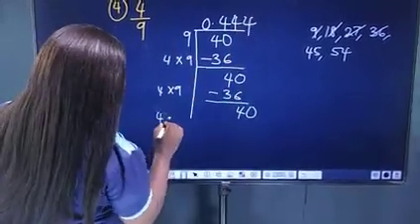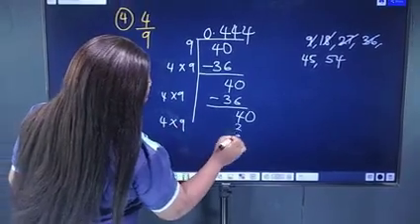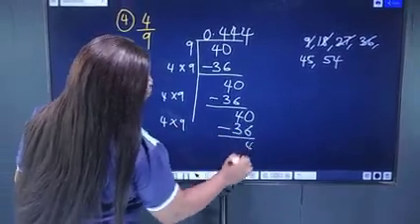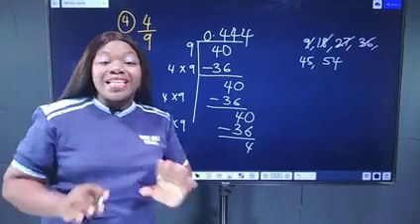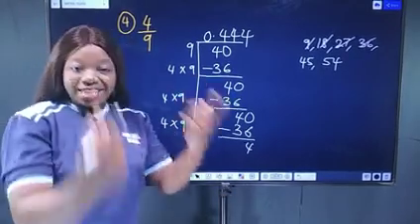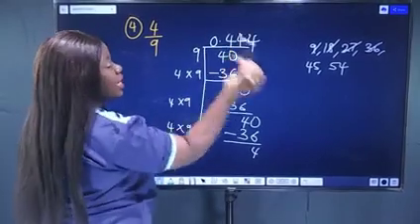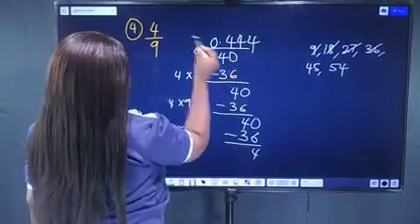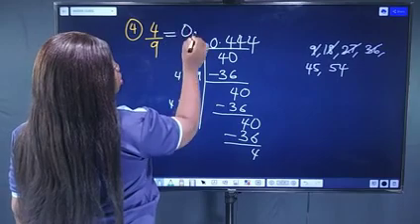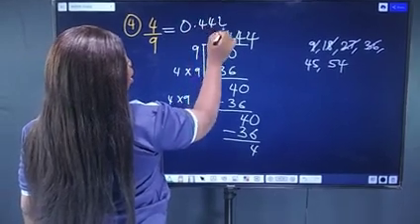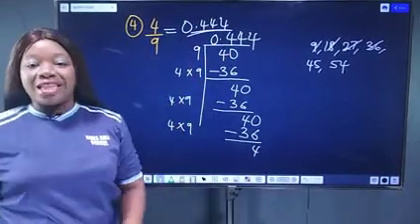Now 4 times 9 is 36. So subtract. You still get 4. If you look at it very well, this is a recurring decimal. It won't stop. So let us stop here. Since we already got 1, 2, 3, our answer is equal to 0.444.